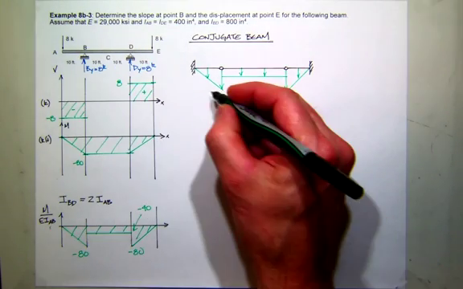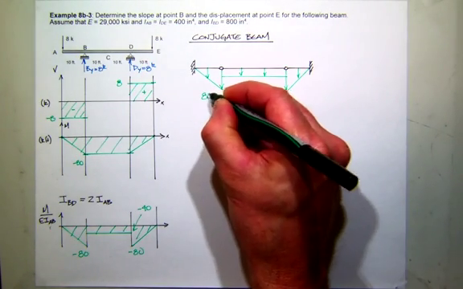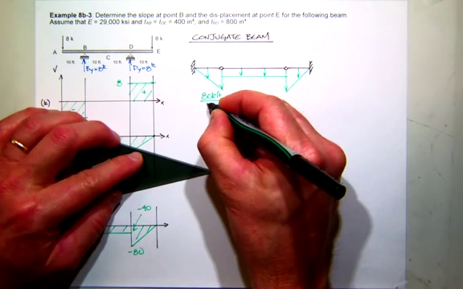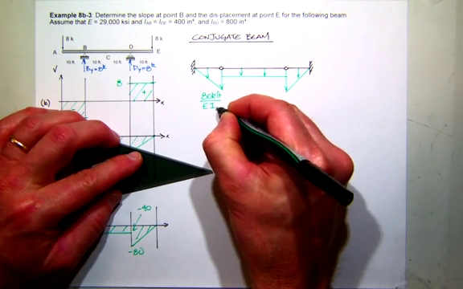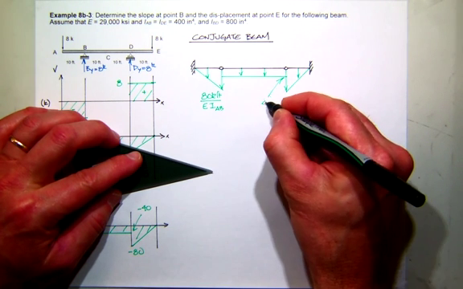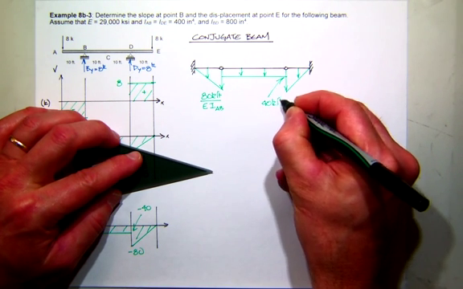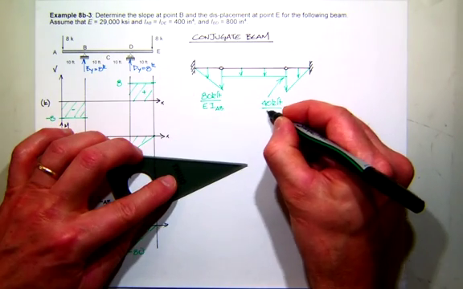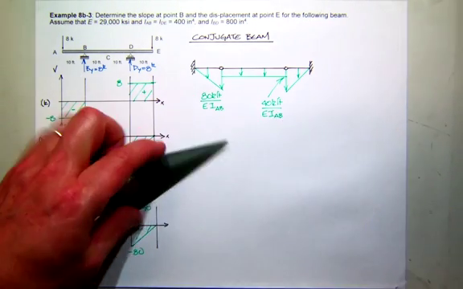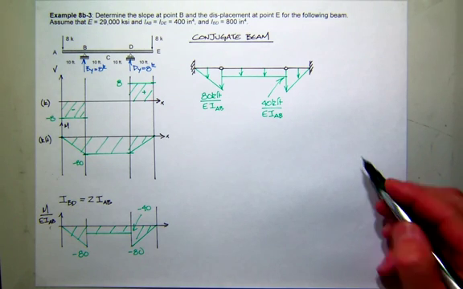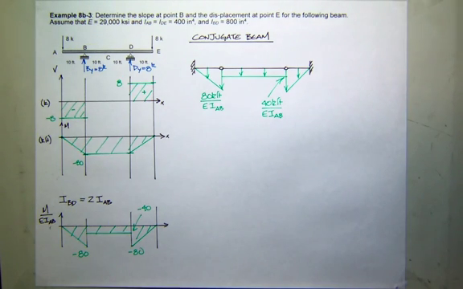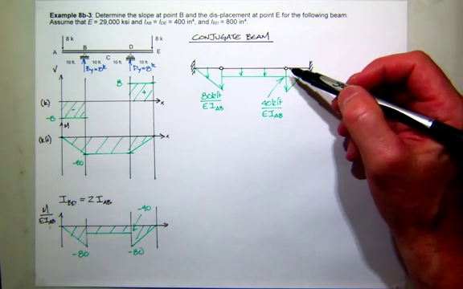And the values here would be 80 kip feet divided by EIAB, and that value would be 40 kip feet divided by EIAB. So I have a common denominator in all my load terms. So that's really what I wanted to show you.